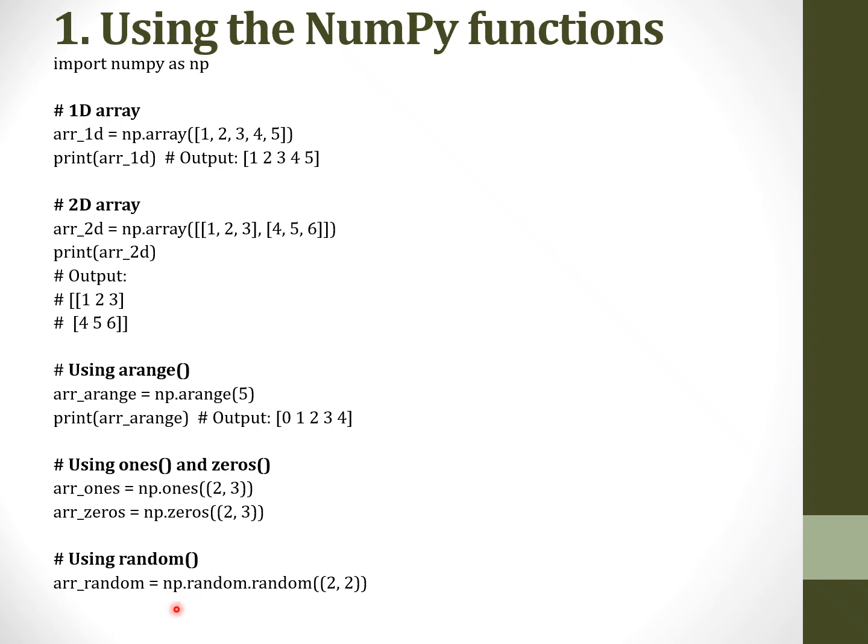Suppose we want to create an array with random values, you can use the function np.random.random. This will create a 2 by 2 matrix completely filled with random values. So this is how we generally create arrays using the NumPy functions.